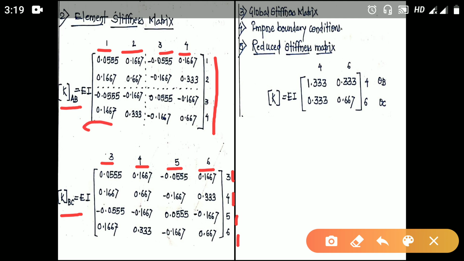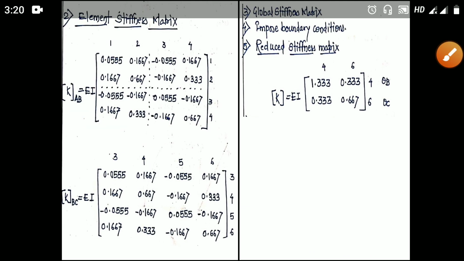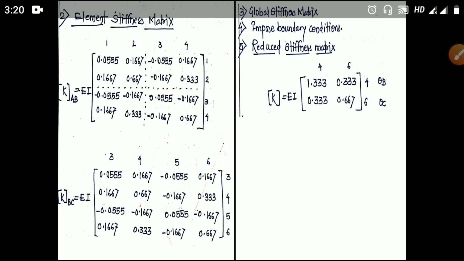This first column represents action corresponding to the translation. The second represents action corresponding to rotation. The third column represents action corresponding to translation. The fourth column represents action corresponding to rotation. Namely reaction, moment, reaction, moment.